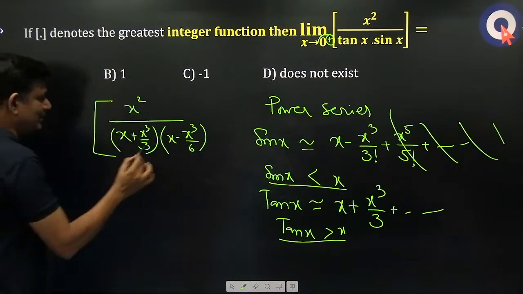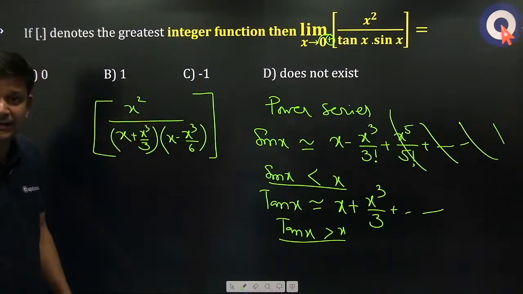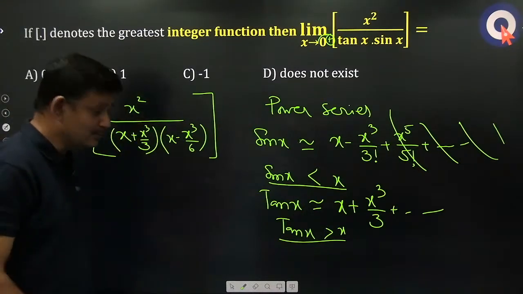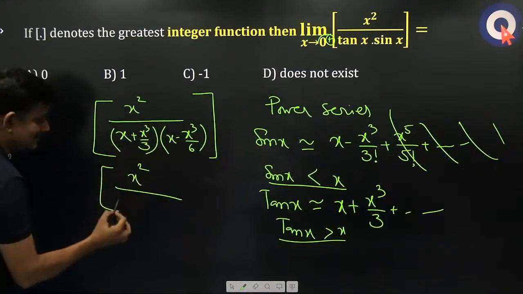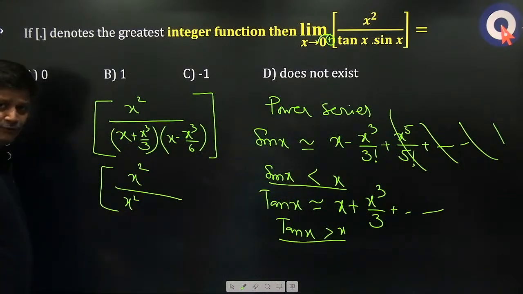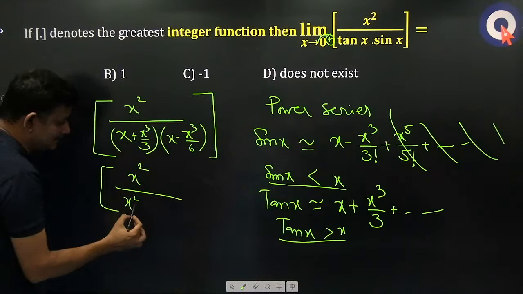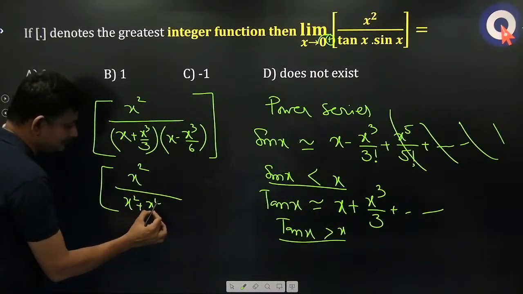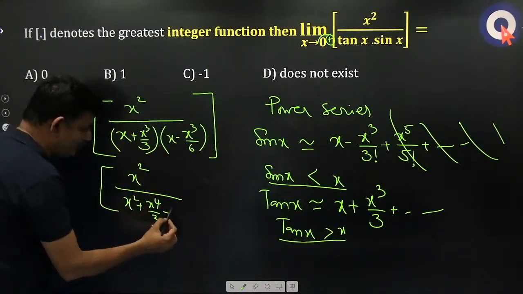So this is our limit approximately. Now you have to see whether the denominator is larger or the numerator is larger. So x square by x into x is x square. Then focus on the next highest degree term, which is x power 4 by 3 plus x power 4 by 3 minus x power 4 by 6.